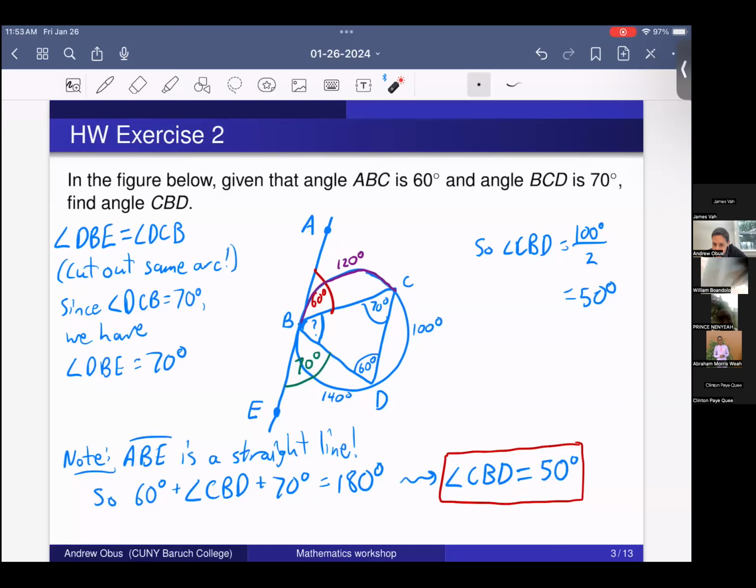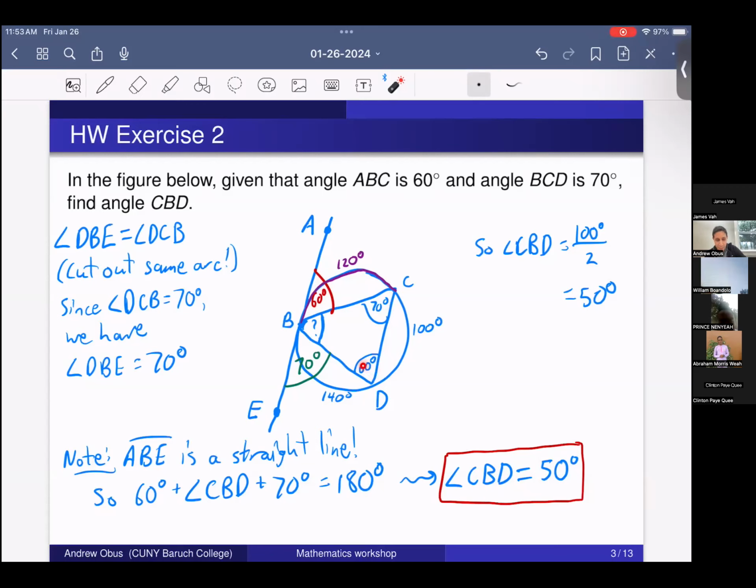So what if angle CBD was given and angle BCD was not given? If I didn't give you this, but I gave you this one instead, that would not be enough information to solve the problem. Because if I gave you this 60 degrees here, which is part of the givens, then this angle CDB is also 60 degrees.